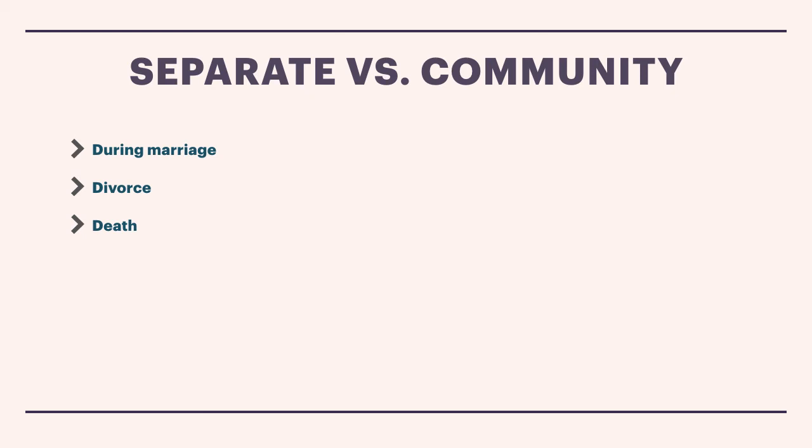Now, I'm not going to worry about testing this in this property class. I did want to explain it briefly. It is something that we cover in great depth in wills and trusts. At death in a community property state, like I said before, the decedent can devise half of the community property, and all of their separate property.